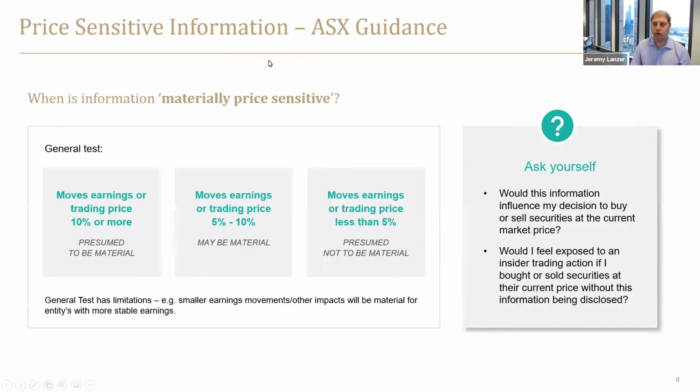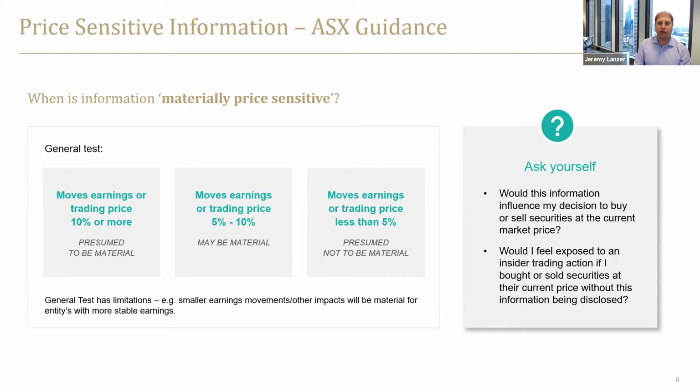So I think that's a really good segue into this next piece, which is, what do we actually mean by material? We've worked out what we're talking about in terms of the information, and we've also talked about when we become aware of it. But what are we actually benchmarking it against? What would that reasonable person expect to have a material effect on price?